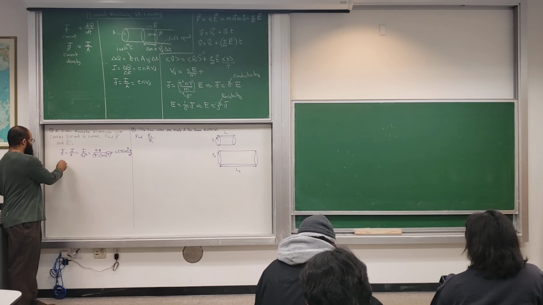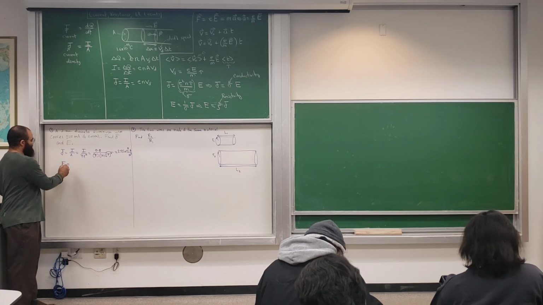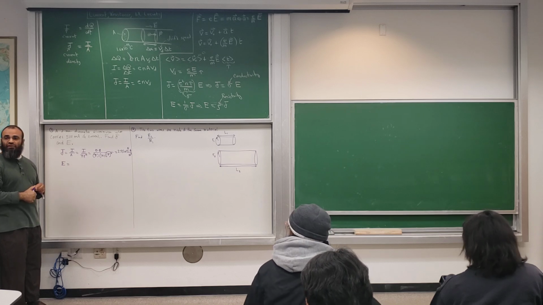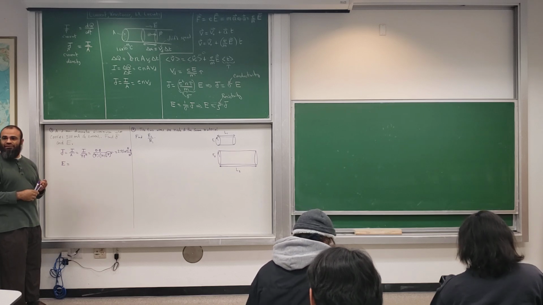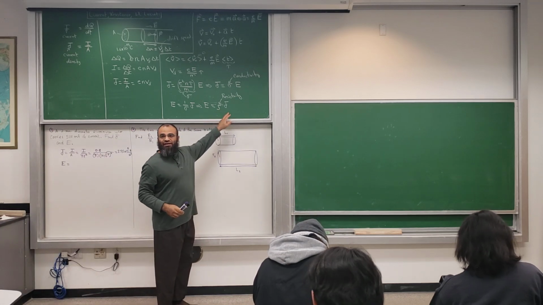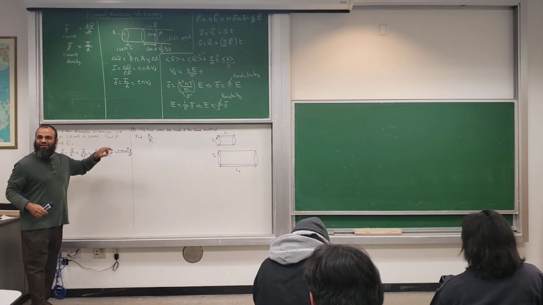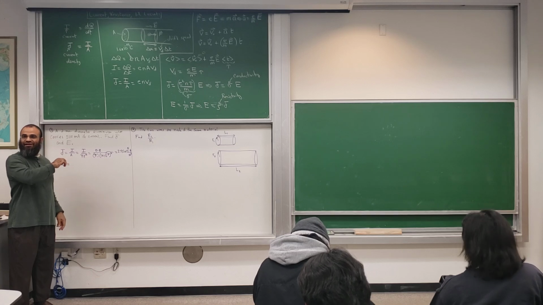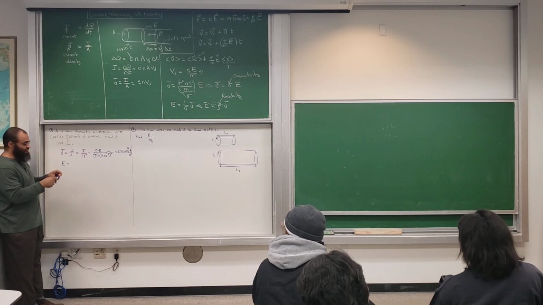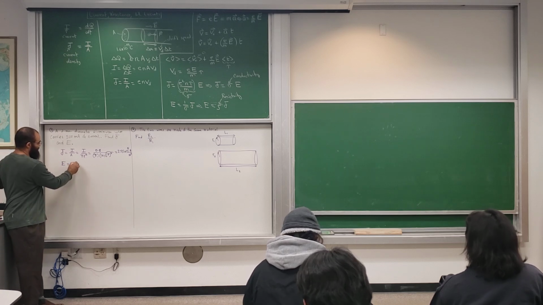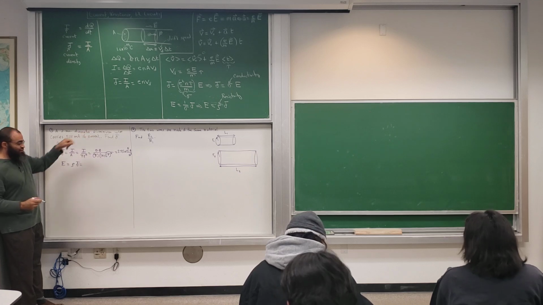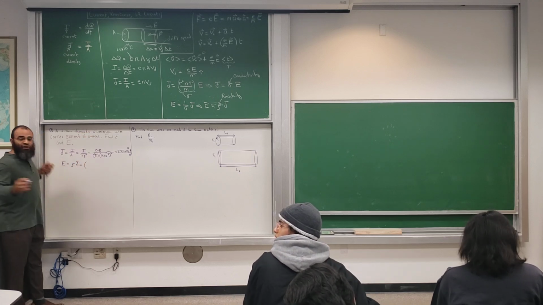Next is the electric field. What can we say? Resistivity times J. Can you see it? So rho times J. You need to look up rho for aluminum. I wrote it on the board.